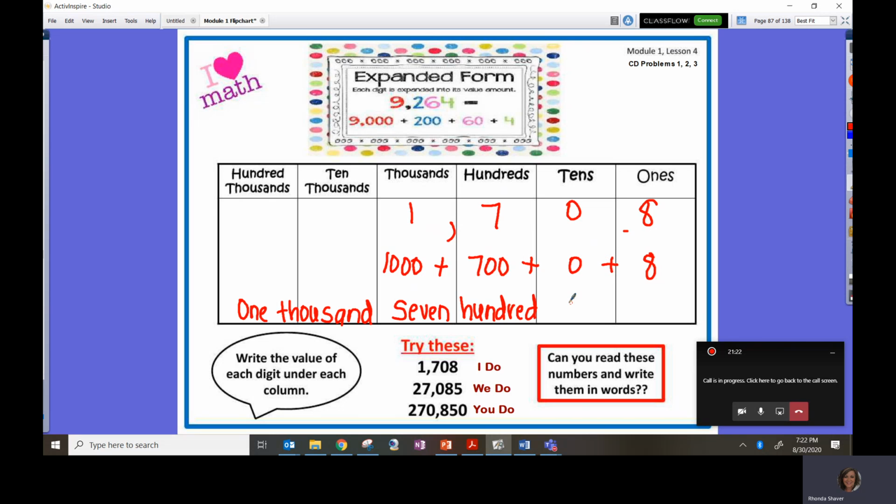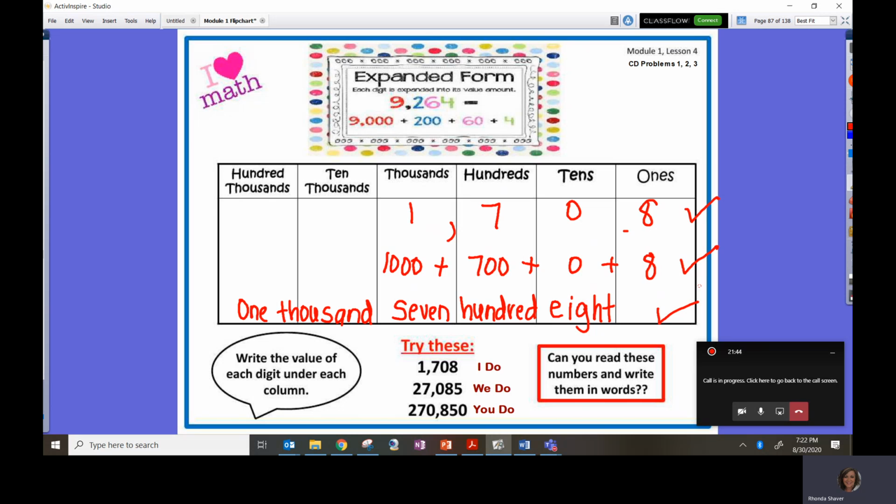I don't have to say 0 because 0 and 8 equals 8. E-I-G-H-T. 1,708. So that is it written in word form. So here is our standard form. Here is our expanded form. Here is our word form.